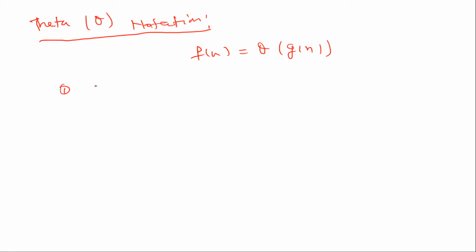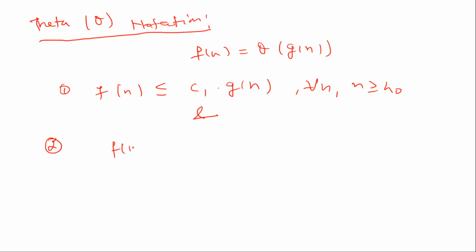First we have to prove it should be big O: f(n) less than or equal to c1·g(n) for all n greater than or equal to n naught, and the second condition, f(n) greater than or equal to c2·g(n), should also hold for all n greater than or equal to n naught.